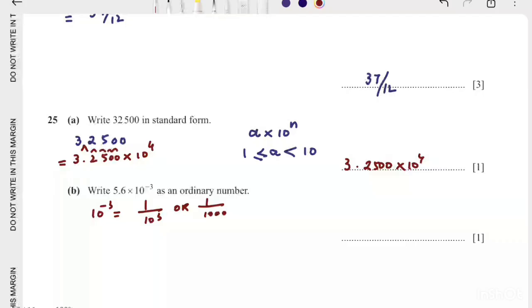So 5.6 divided by 1000. We also have to remove the decimal of 5.6, so it will be 56. Now there are 4 zeros to account for: 1, 2, 3, 4. Now we can easily divide, so 0.0056 would be the answer.